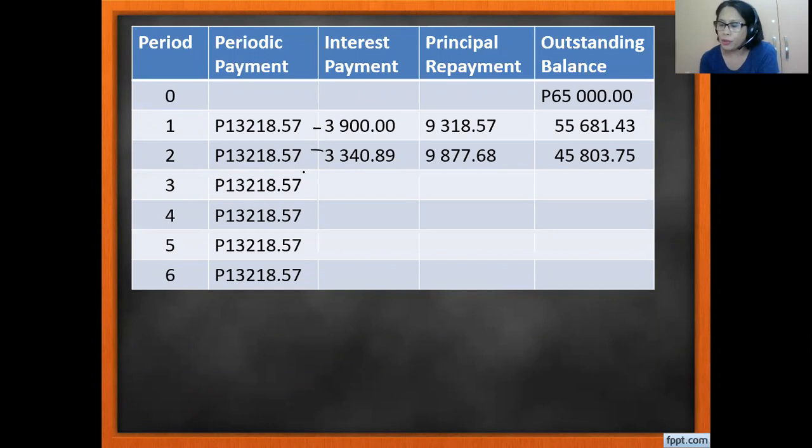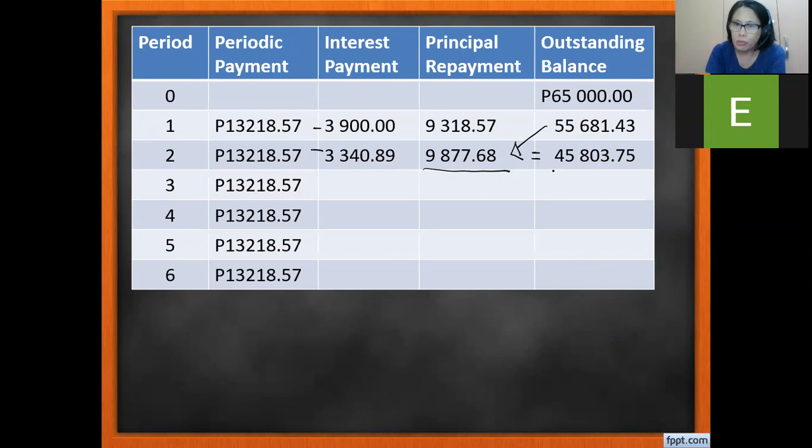So in your calculator, your last entry was 3,340.8858. So what you're going to do is again input 13,218.57 minus answer. So you have 9,877.68. This one, and then subtract this to the principal repayment and you'll come up with this value.